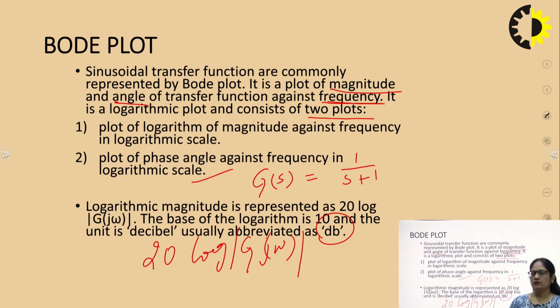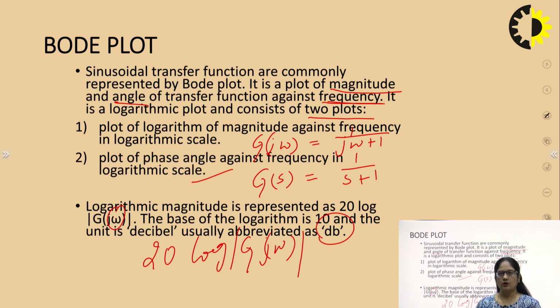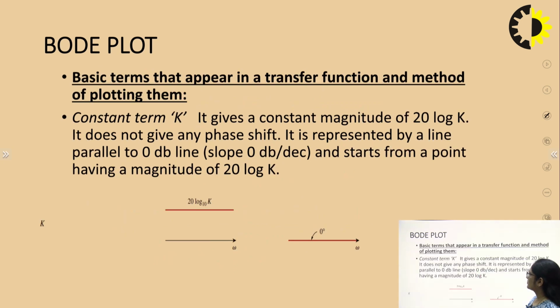It means that we are substituting s with jω. So, our transfer function becomes G(jω) = 1/(jω+1). Since it is the plot of frequency versus magnitude and frequency versus phase, in place of s, we write jω.